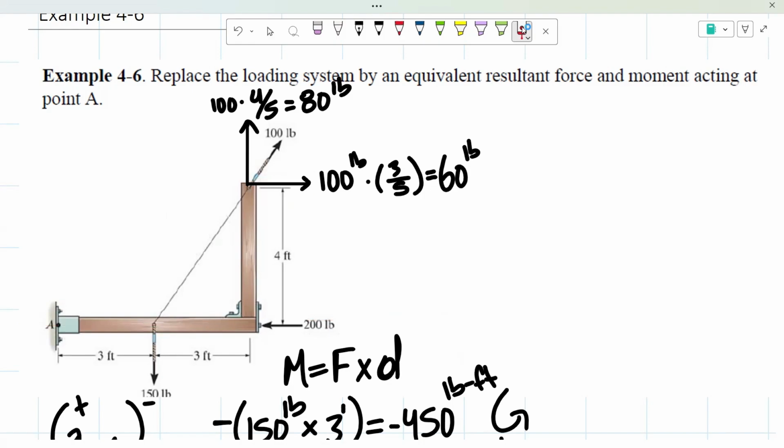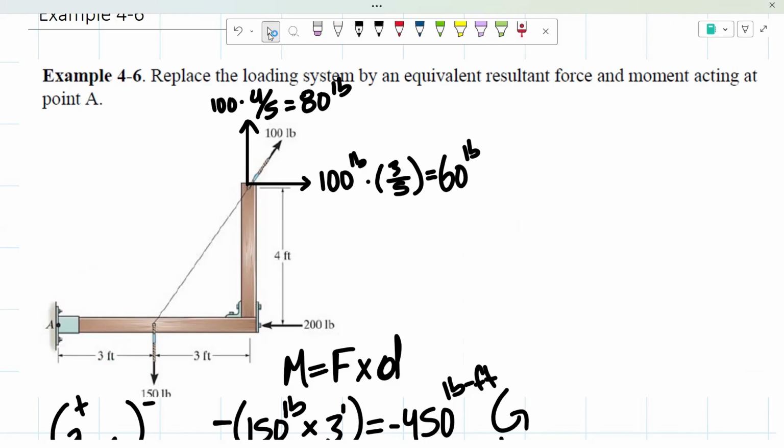So remember, moment is equal to our force times our distance. So our distance is going to be this 4 feet right there, because that's how much it takes for it to lie on that axis. And now we just have to figure out if it's going to be creating a positive or a negative moment. Since it's going to the right, we know that's going to be creating a clockwise moment as well.